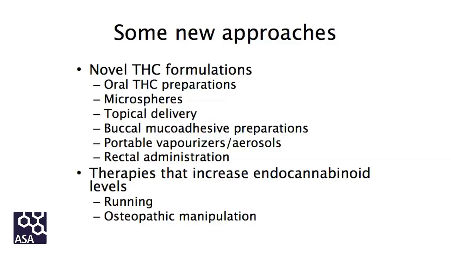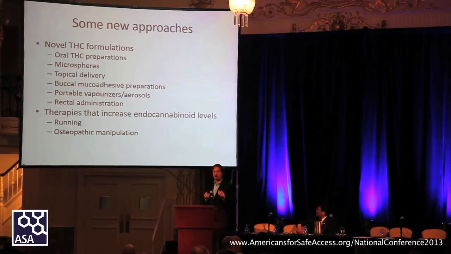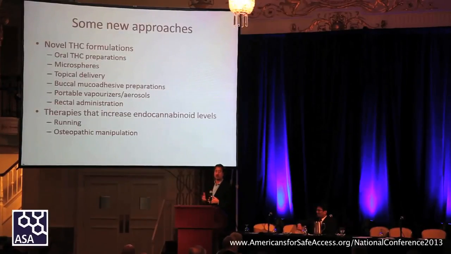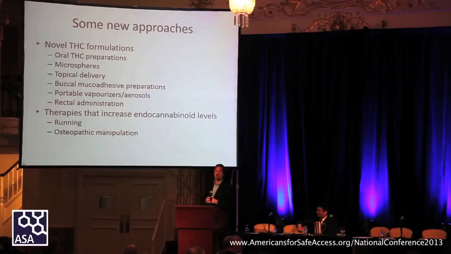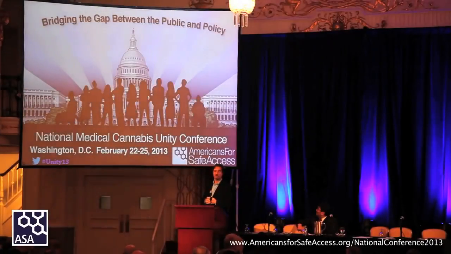I'm willing to put money on the table if anyone wants to bet me that yoga, massage therapy, any form of complementary therapy that makes you feel that mild euphoric feeling when you've had the treatment is an endocannabinoid effect. So there are ways that we can target endocannabinoids without using any drugs whatsoever. It's not just about taking a plant and smoking it. This is a tremendously intriguing, tremendously important system.